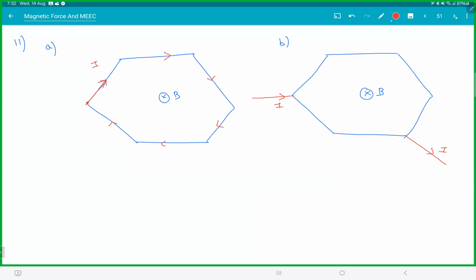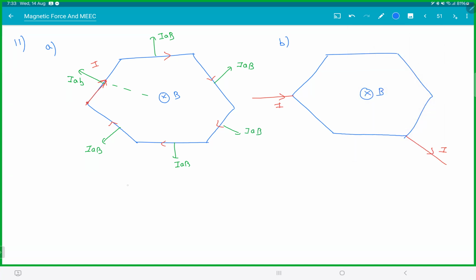So IL cross B, this is how the force would look. This would be IAB, IAB, IAB, IAB, IAB, and IAB.